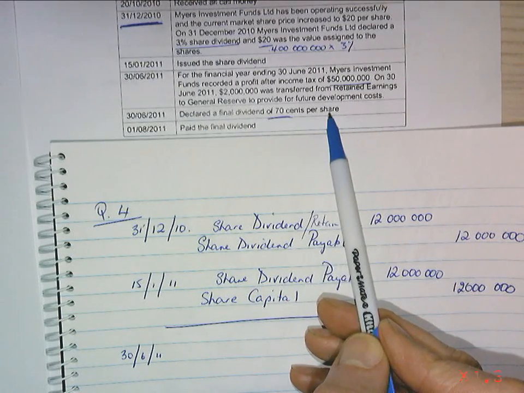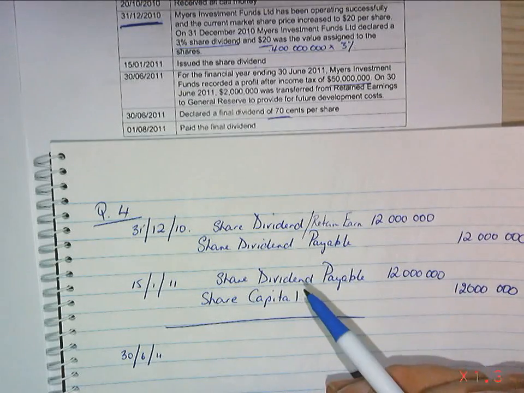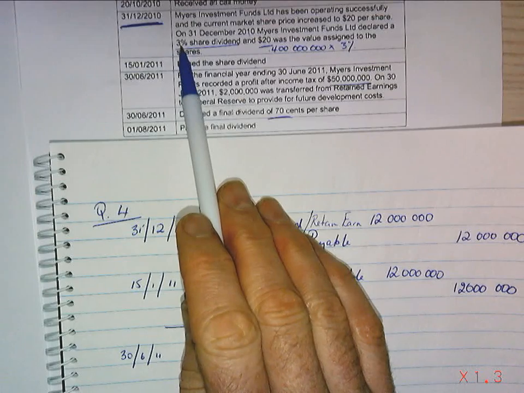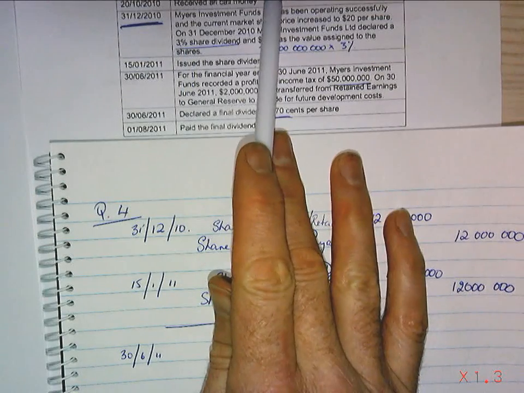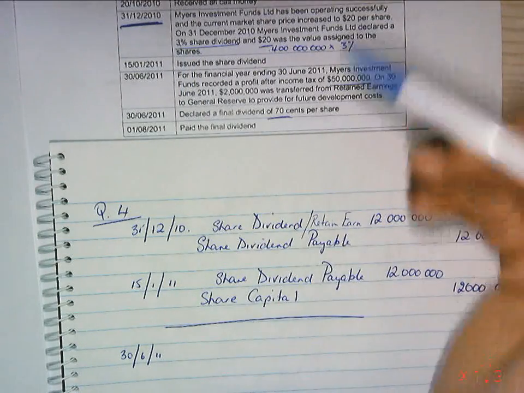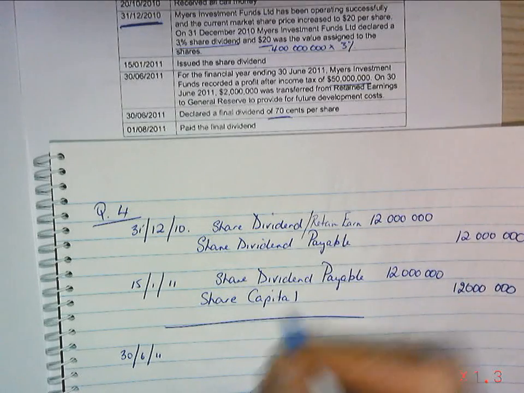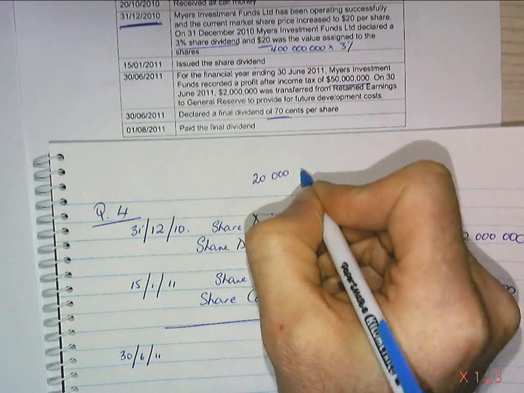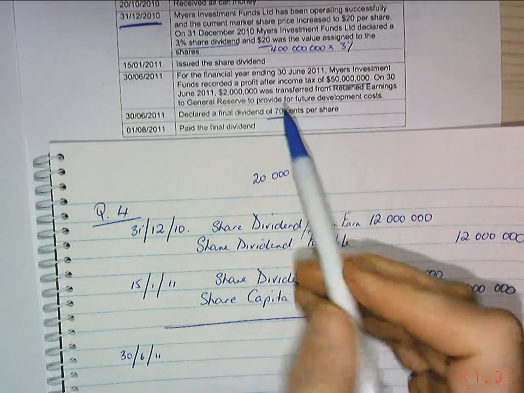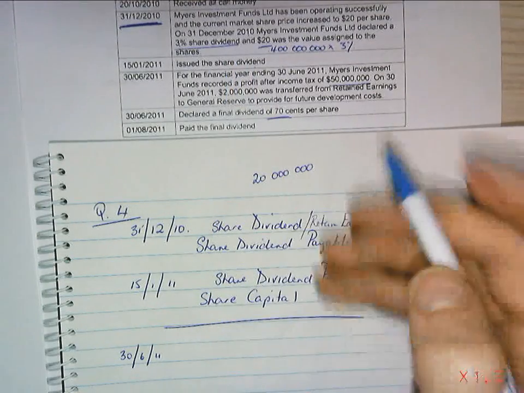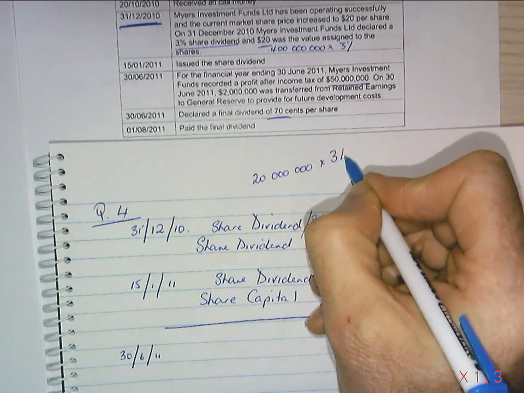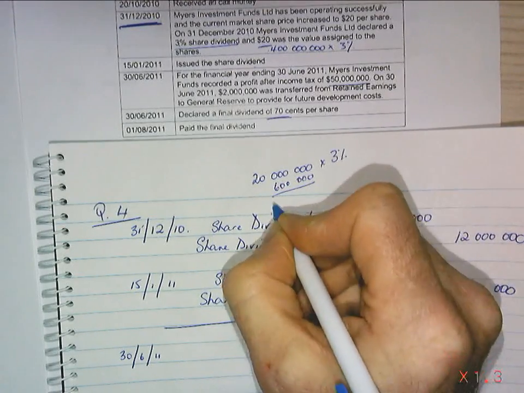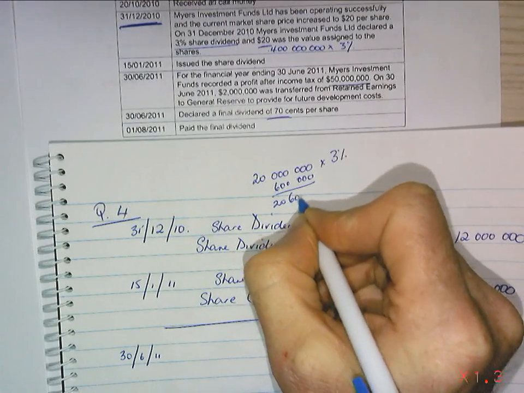So 70 cents per share. How many shares have we got? We've issued another 3% of shares. We had 20 million, because we issued these shares up here, times 3% more shares is 600,000. So we have 20 million, 600,000 shares.